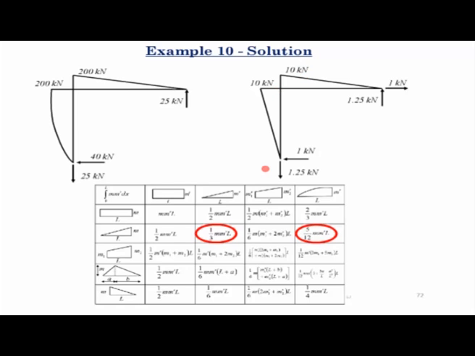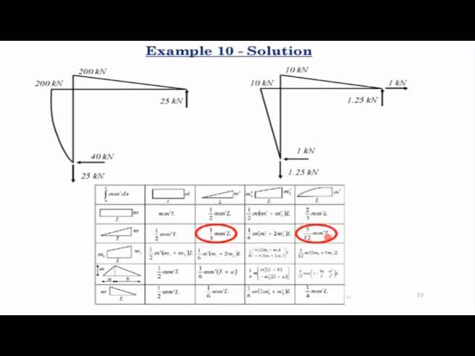So now you have a quadratic distribution of the moment in the vertical member due to the external loads, and a triangular distribution of moment in the vertical member due to the horizontal virtual load. Now if you want to calculate the value of the integral of m m dash dx, because of these two distributions, you have to use a triangular distribution in combination with a quadratic distribution.